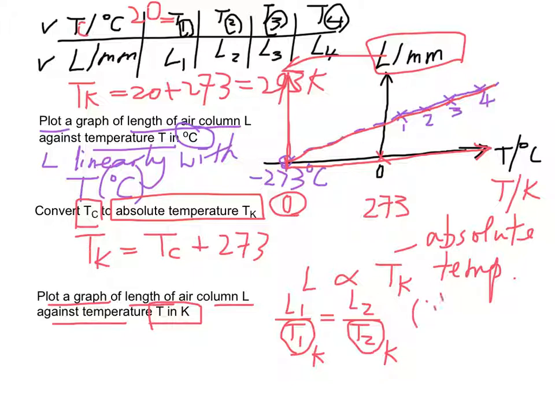Because we use a uniform capillary tube, the volume of the gas inside is proportional to the length of air column.